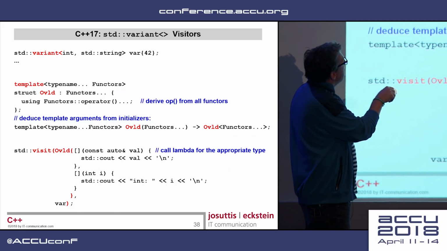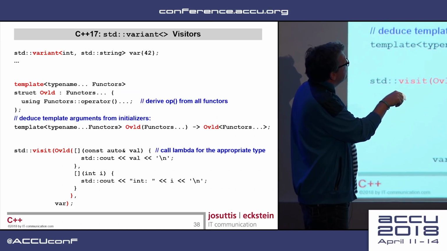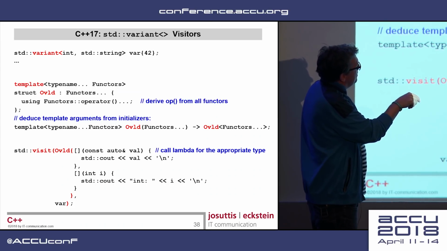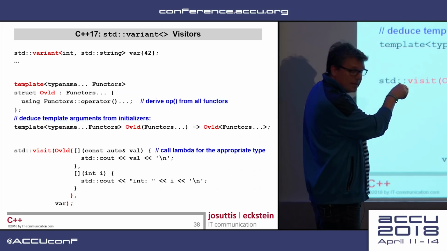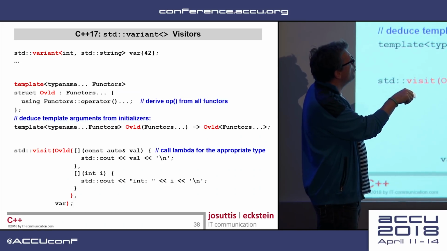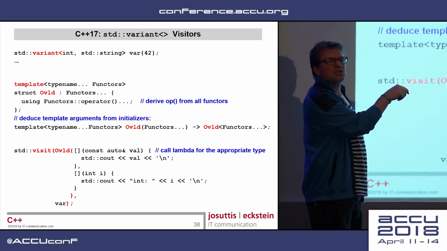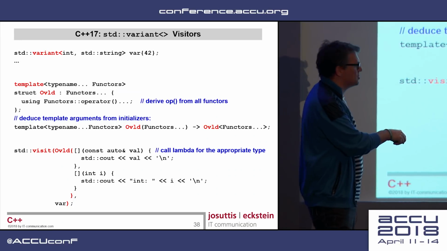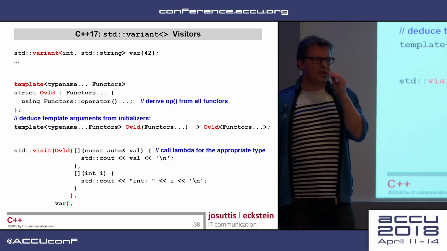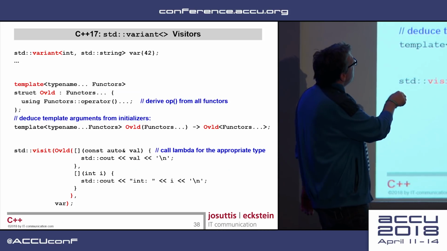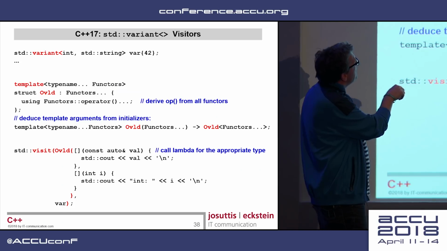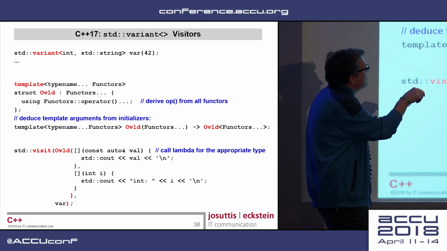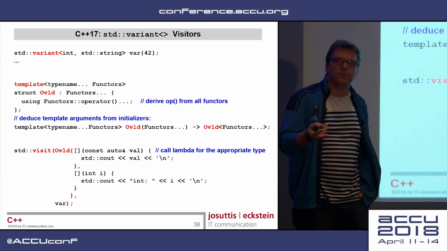And by using the operator of all base classes, this application of variadic templates, you are deriving all function call operators of each and every base class, so of each function object. The only problem we have: normally in structures and functions, we have to specify explicitly the types of the base type.